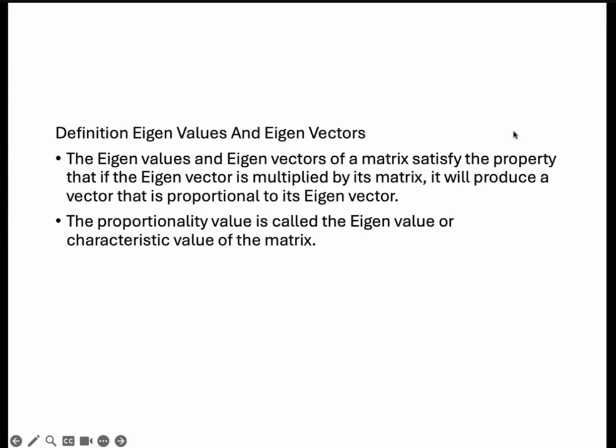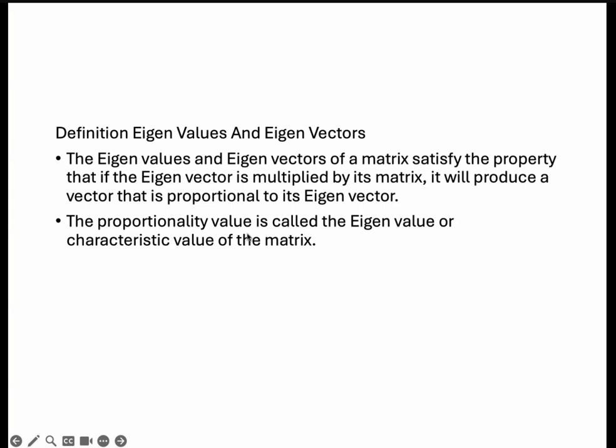Eigenvalue and eigenvectors of a matrix satisfy the property that if the eigenvector is multiplied by its matrix, it will produce a vector that is proportional to its eigenvector. The proportionality value is called the eigenvalue or characteristic value of the matrix.